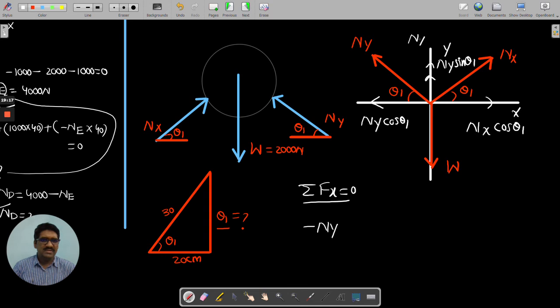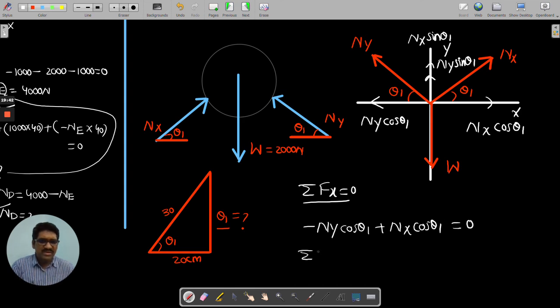Next nx sin theta 1. Am I right, all of you? Perfect. Okay, so minus ny cos theta 1 plus nx cos theta 1. You know very well, all of you. Left I am taking negative, right I am taking positive, all of you. Okay, is equal to 0.